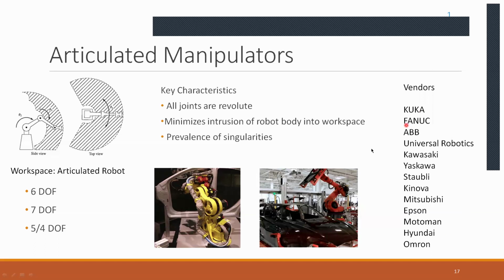ABB, Universal Robots, Yaskawa, and Staubli: robots from these 4 brands are operating in Sri Lanka. I haven't heard of these other brands, but these are prominent brands elsewhere. Fanuc is trying to get their robots implemented in Sri Lanka. I think there's one factory which has Fanuc robots as well. So those are the 5 brands operating in Sri Lanka.